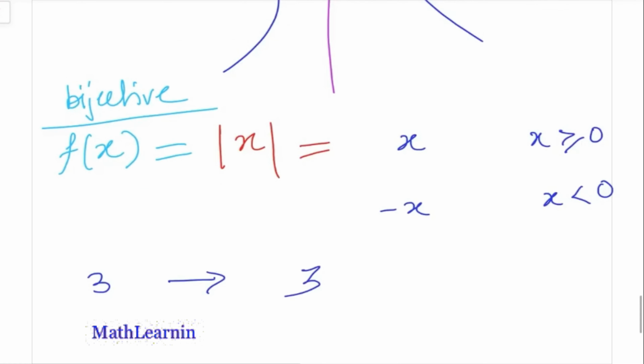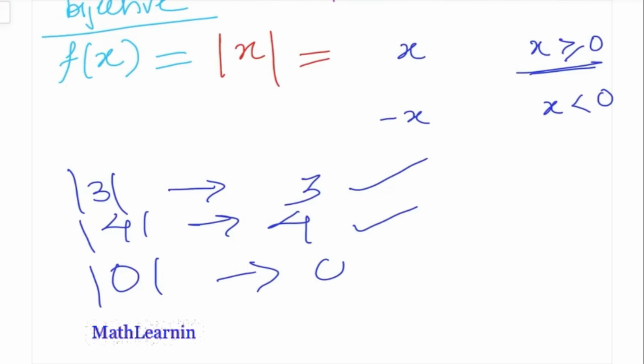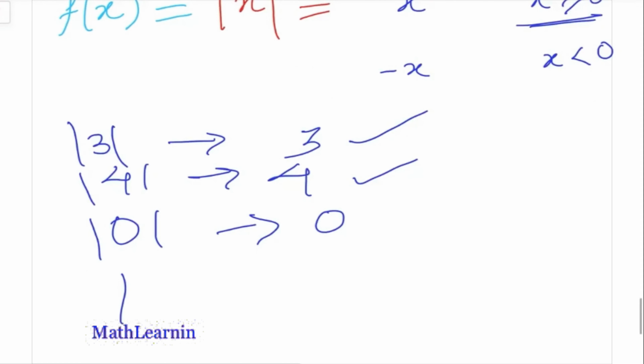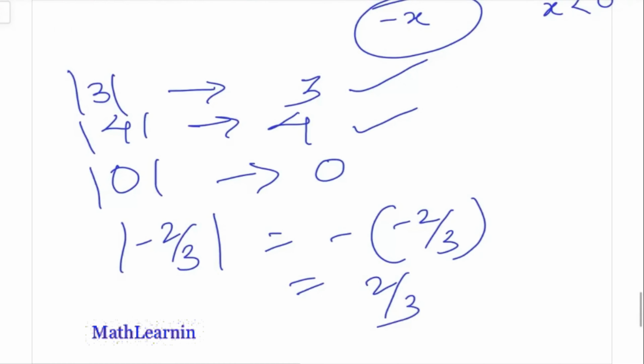If you have the value 4, it will give 4. |0| will be 0. But if I ask you -2/3, it is negative, so minus of that number, it will produce 2/3. This is how it is done algebraically.